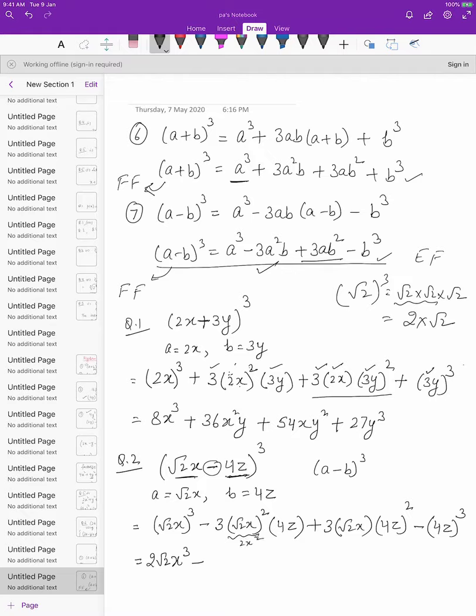Okay, so now let's multiply 3 into 2, 6, 6 into 4 is 24, x square and then z. Here also if you open out this square, you will get 16z square. Now let's multiply 16 into 3 is 48 and root 2 will remain as it is. So 48 root 2 x into z square minus 4 cube will give you 64 and then z cube.